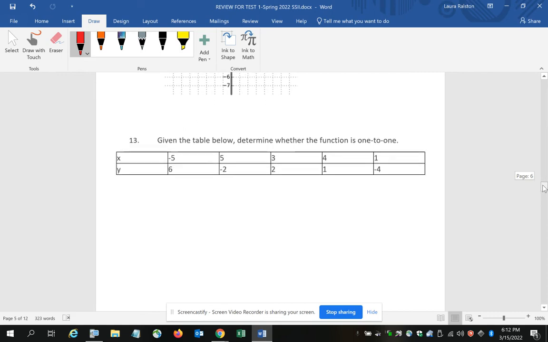Question 13 says, determine whether the function is 1 to 1.